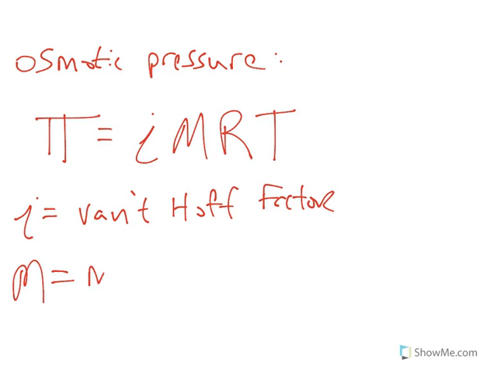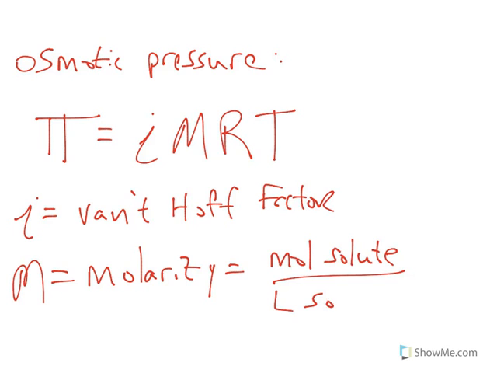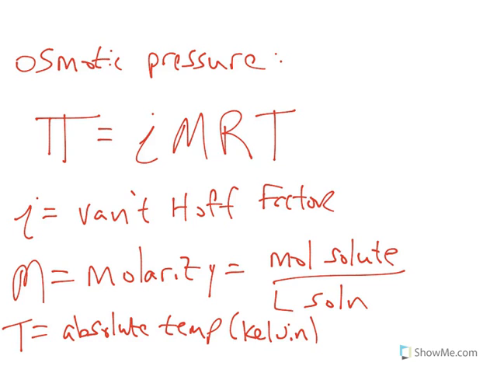i is our old Van't Hoff factor that we've seen. M is now molarity. We've seen this before. This is moles solute per liter solution. T is absolute temperature, so this is the Kelvin scale. And R, I'll write it up here, is our old friend the gas constant.